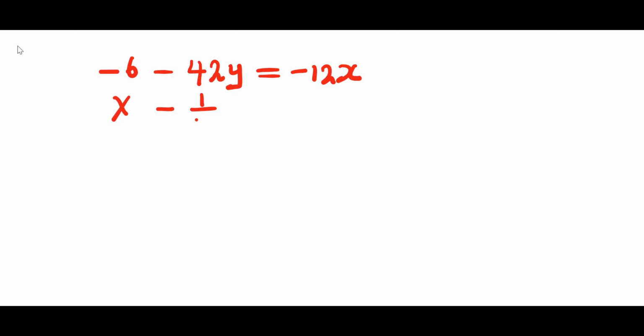All right, so if you have negative 6 minus 42y equals to negative 12x, and x minus 1/2 minus 7/2y equals to 0.